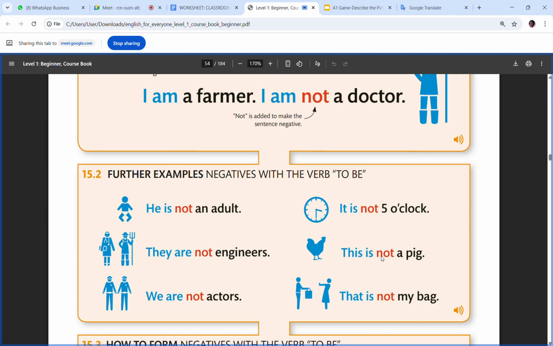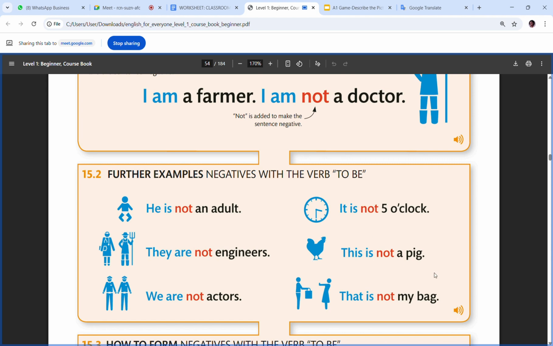Now, this is not a pig, right? It's not a pig. I think it's a chicken, right? It goes quack, quack, quack. And you get eggs, right? And people like eating chicken, right?